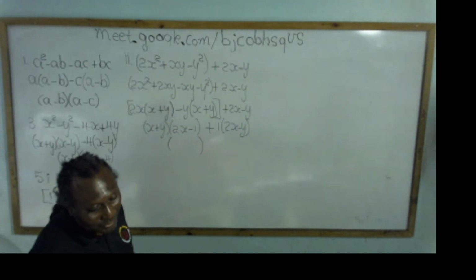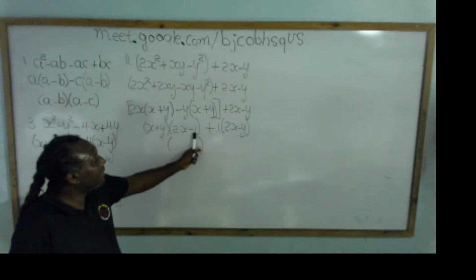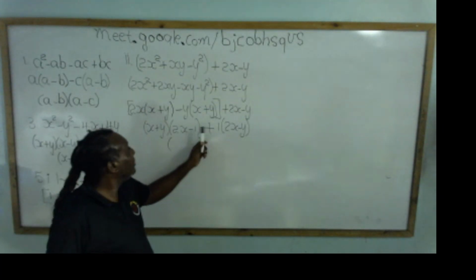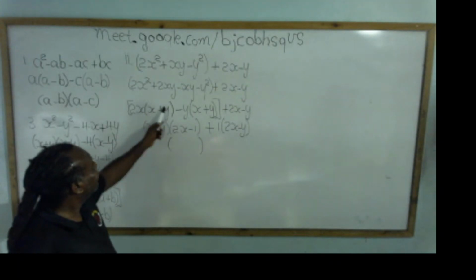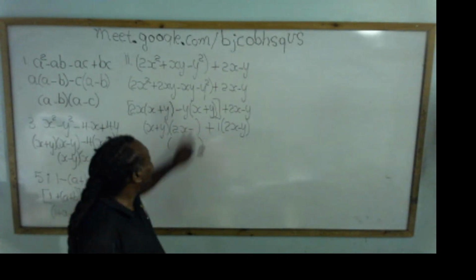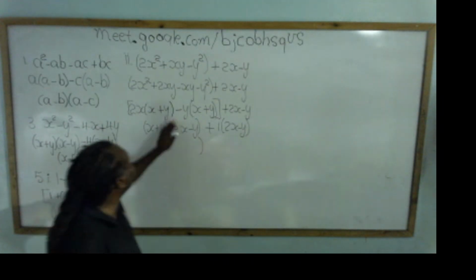I'm going to give just a few seconds more. Alright, somebody is still insisting that it's x, after 10 people give the answer as x already. Students, you don't see a 2x minus y here? Alright, so this should have been 2x minus y.